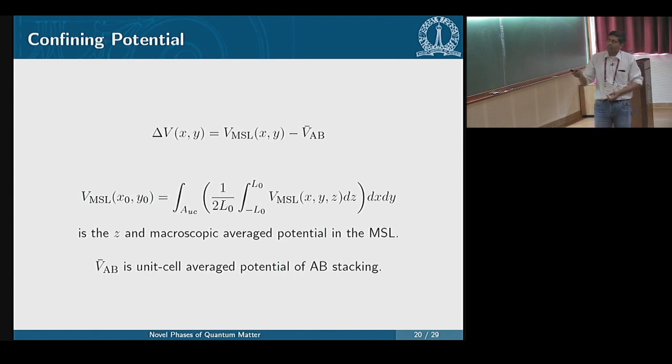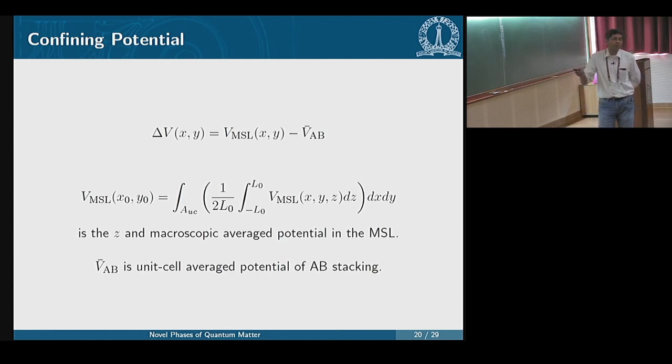I have the potential for the entire moiré system. I can average it in the out-of-plane direction, and average it in a unit cell, and now I have a number for every unit cell. I can track how this number is changing inside the cell, and I'll subtract the AB so that I have a number which is reasonable around 0, and then I'll be able to see how this looks.